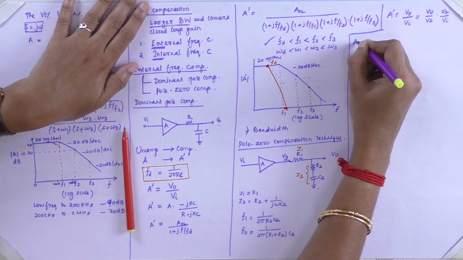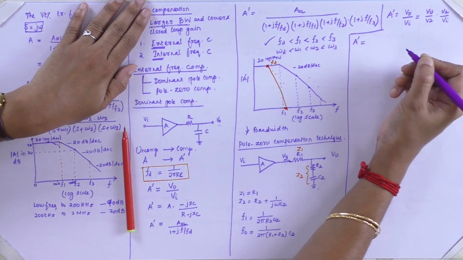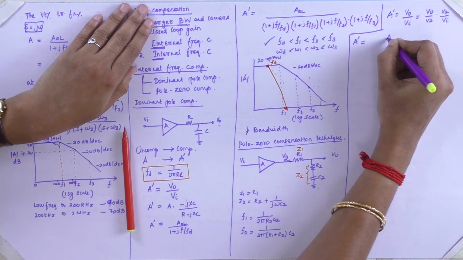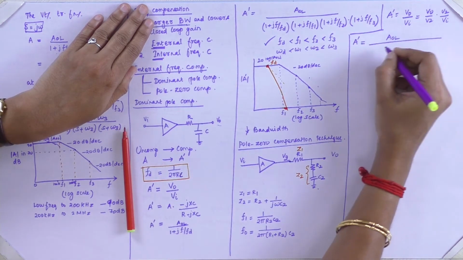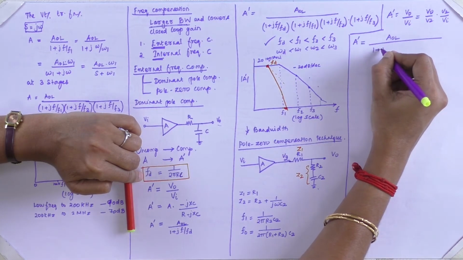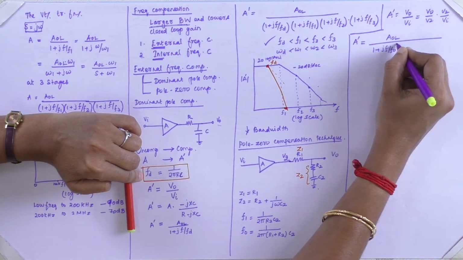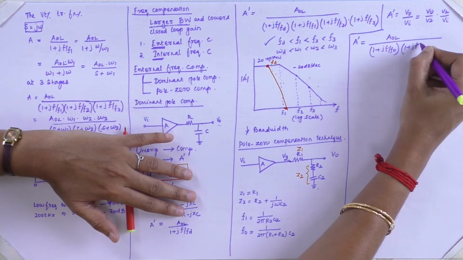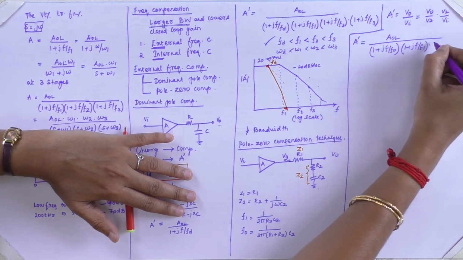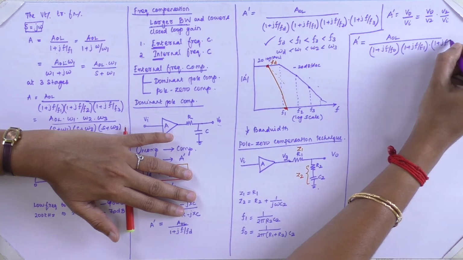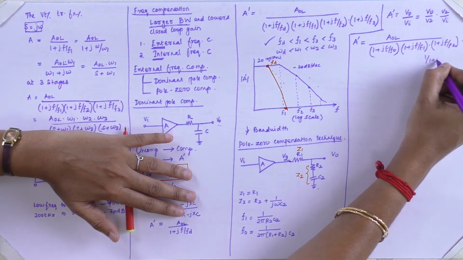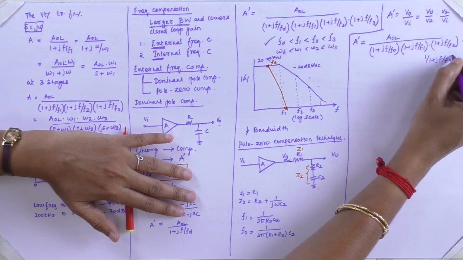So here I am going to write the compensated gain A dash is equal to the final content AOL into 1 plus J F by F0. This is the frequency to be added, 1 plus J F by F1, 1 plus J F by F2, and one more term to be multiplied, 1 plus J F by F3.